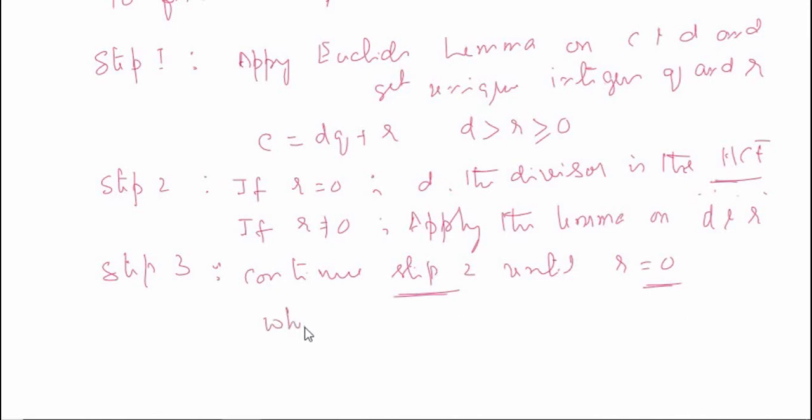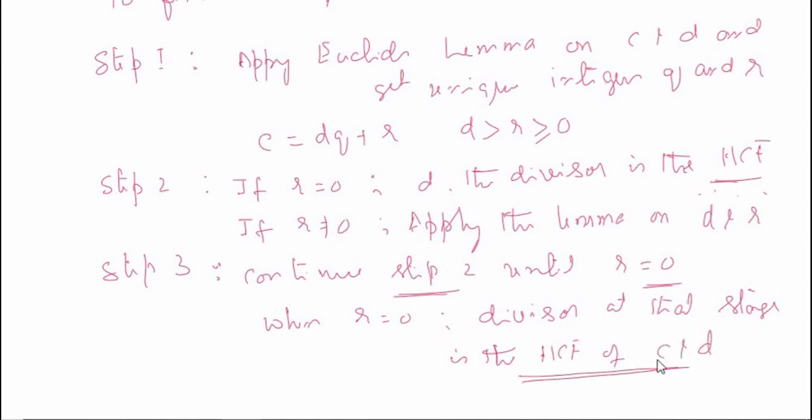So when R equal to 0, then the divisor at that stage is the HCF of C and D. So this series of steps to find the HCF is Euclid's division algorithm.